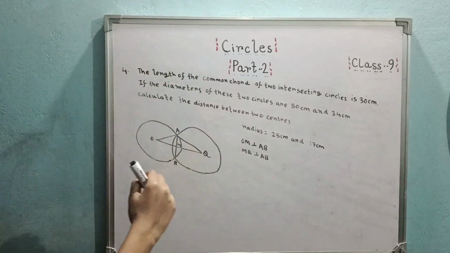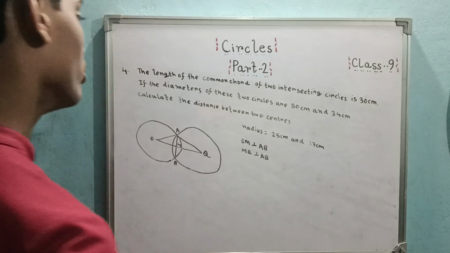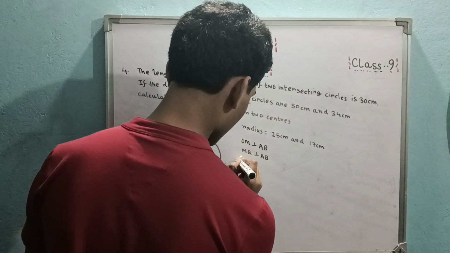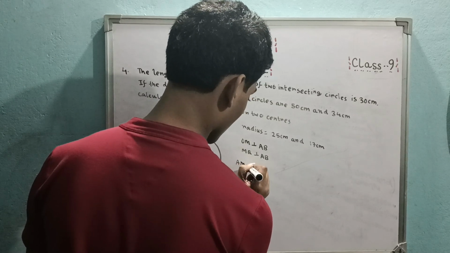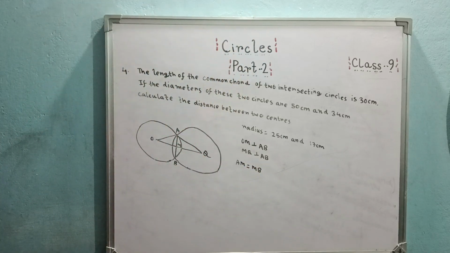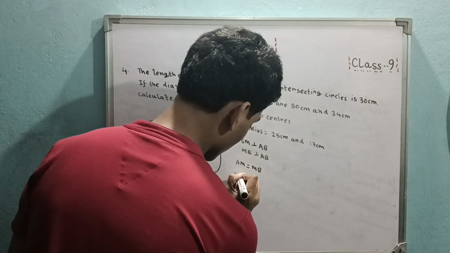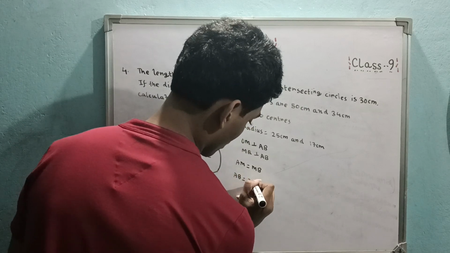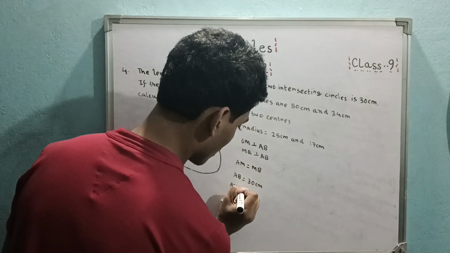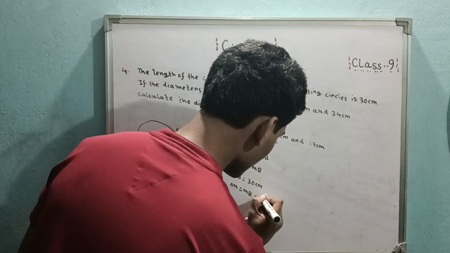Considering any of the perpendiculars OM or MQ, they are dividing AB into two equal parts. That means AM equal to MB, and we have that the length of the common chord is 30 centimeter. AB equal to 30 centimeter. So that means AM equal to MB equal to 30 by 2, 15 centimeter.